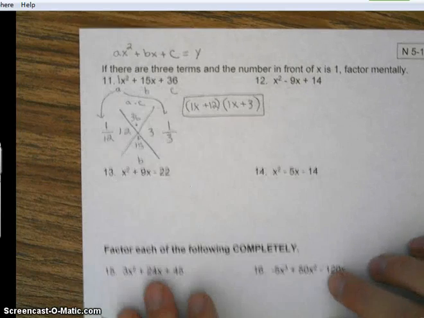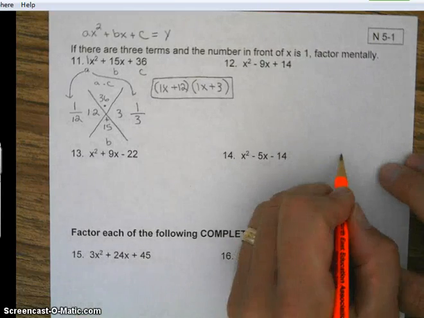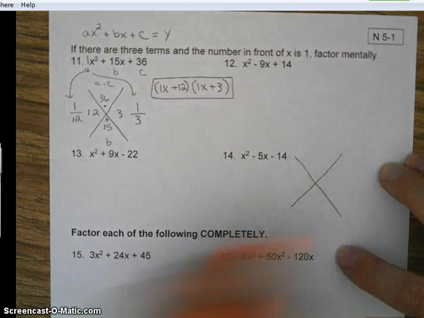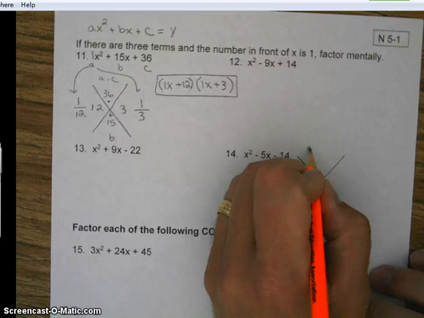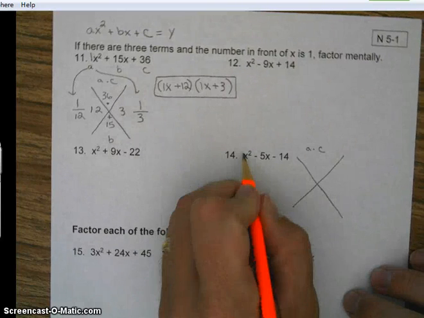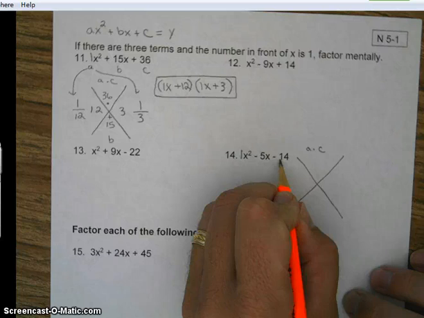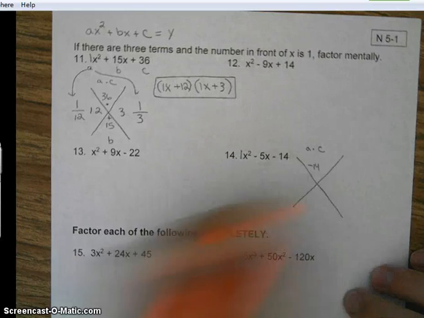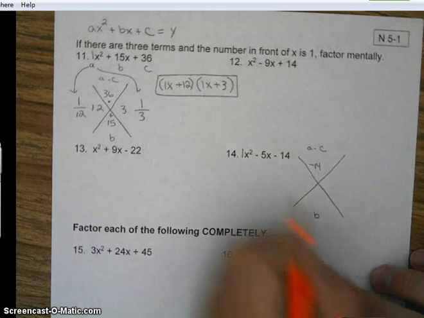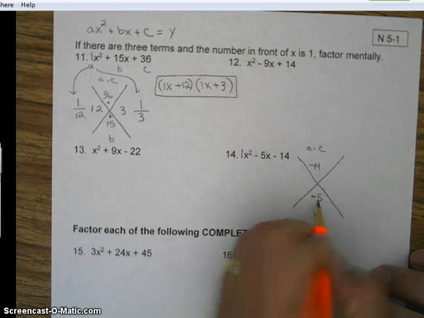Okay, let's try number 14. Okay, so a times c goes on the top, so that's going to be 1 times negative 14. The b value goes on the bottom, negative 5.